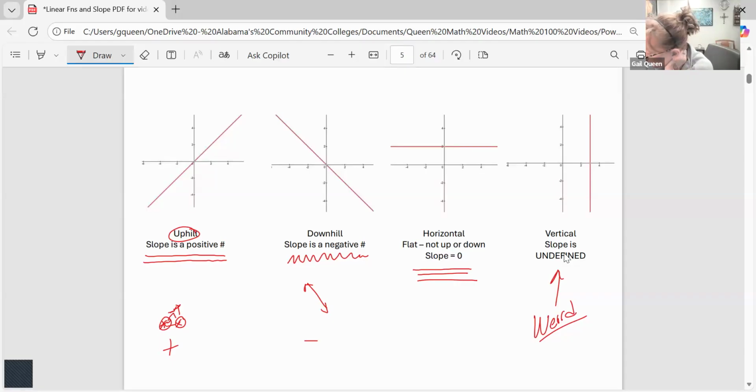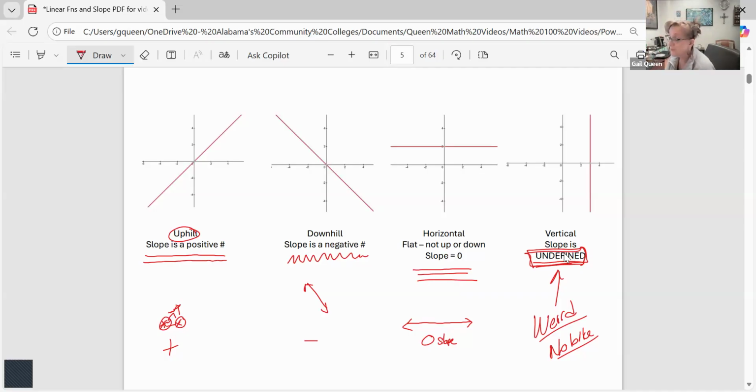I can ride my bicycle along a flat level street and there is zero slope. Can you ride your bicycle up a wall on a vertical line? I cannot ride my bicycle here. And so that's the one. If you cannot ride your bike on it, then it is a vertical line, and that means that the slope is undefined. You are not allowed to ride on a line with an undefined slope.